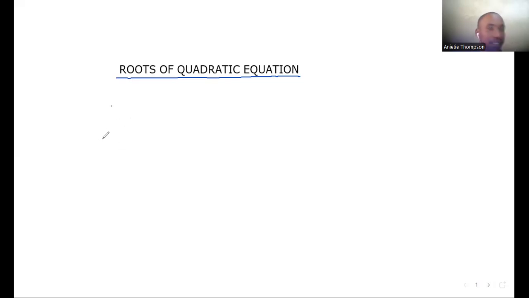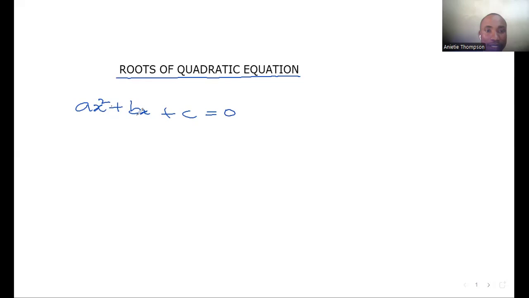Okay, generally speaking, a quadratic equation is any equation of the form ax squared plus bx plus c equals 0. For any quadratic equation, maybe in x that I'm using right now, a is the leading coefficient, in case you don't know, or the coefficient of x squared.